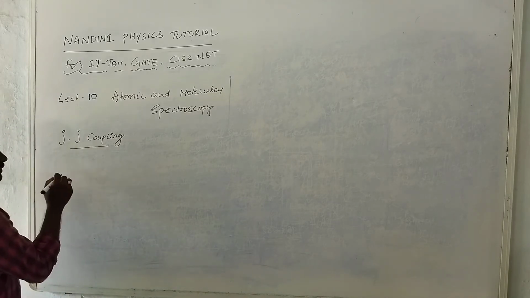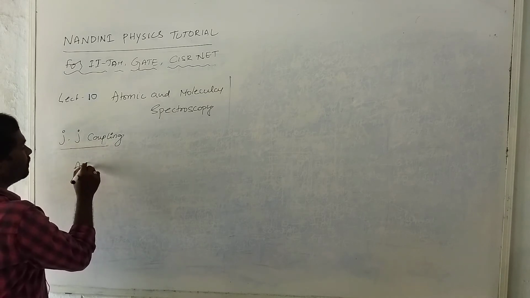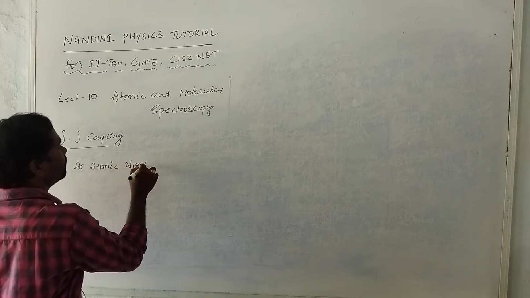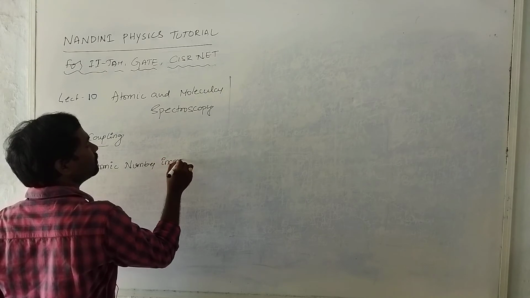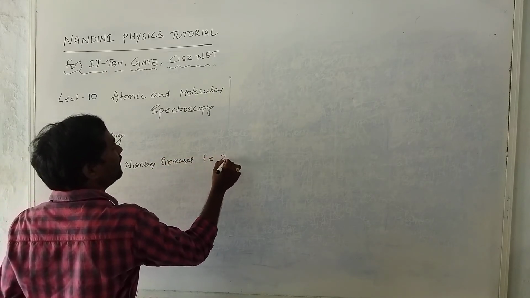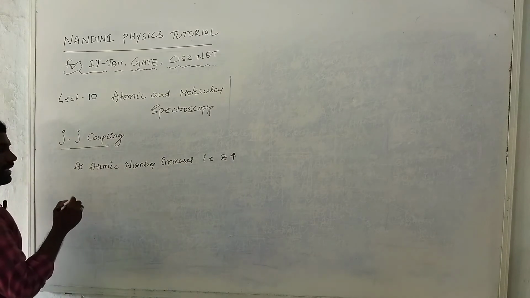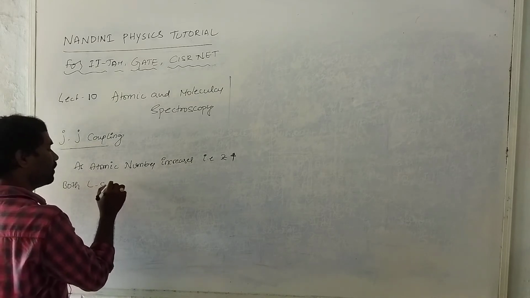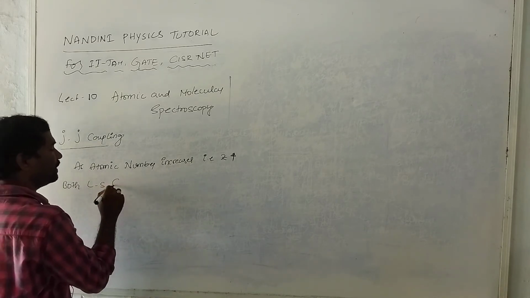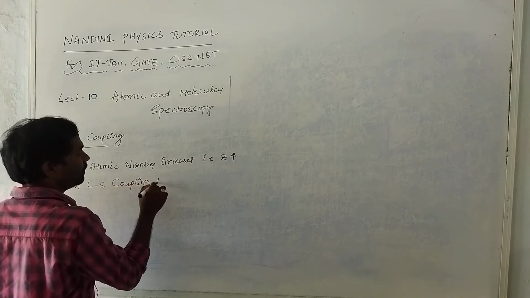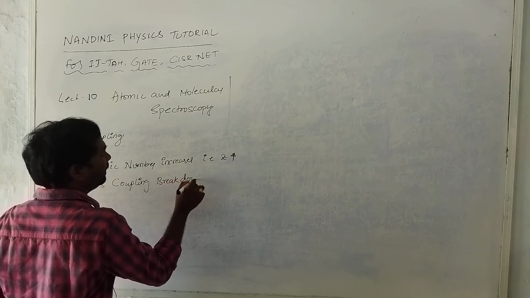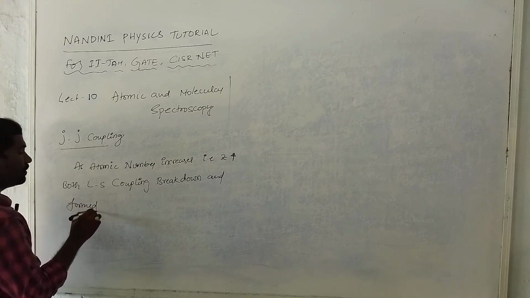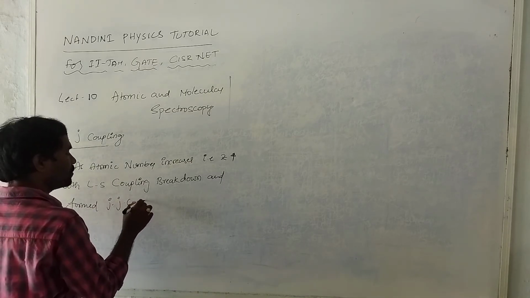So generally, as atomic number increases, that is, as Z increases, LS coupling breaks down and finally JJ coupling is formed.